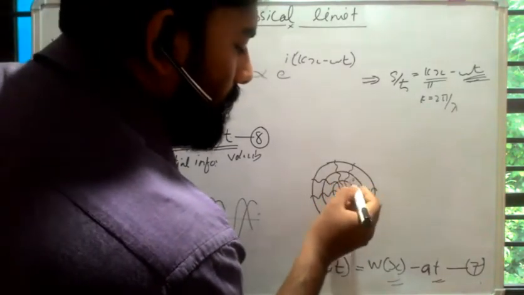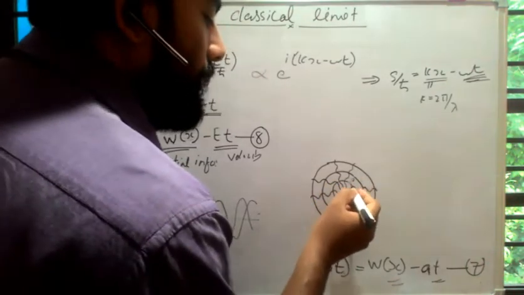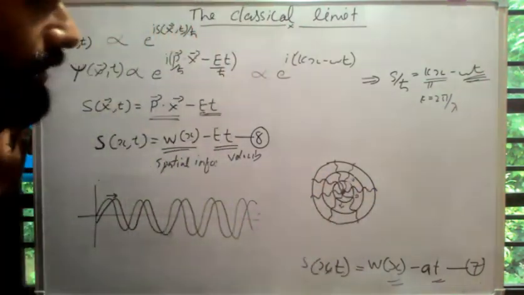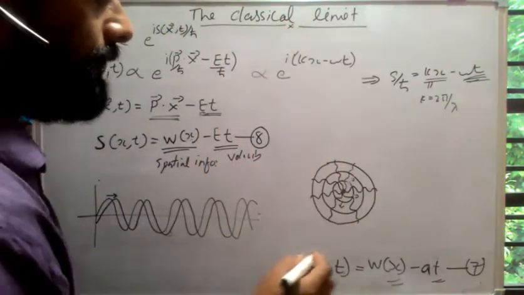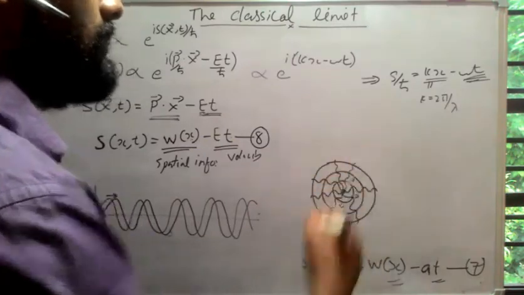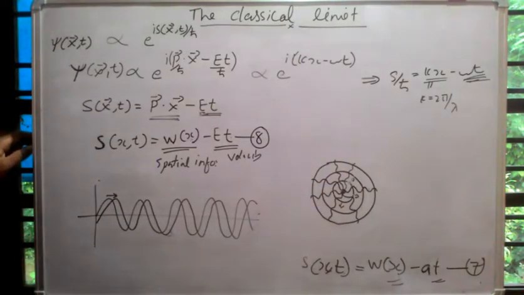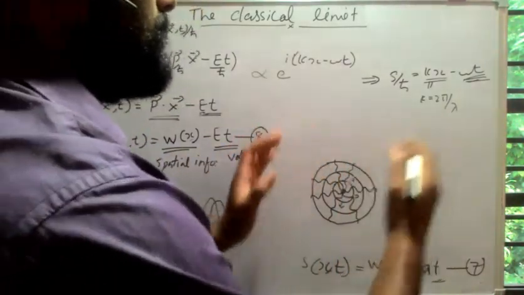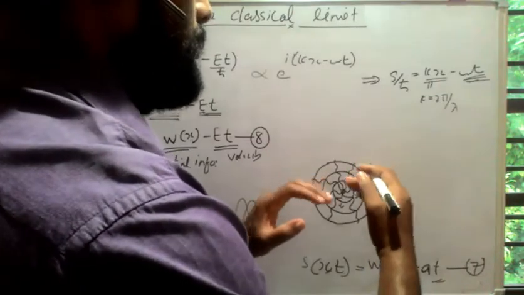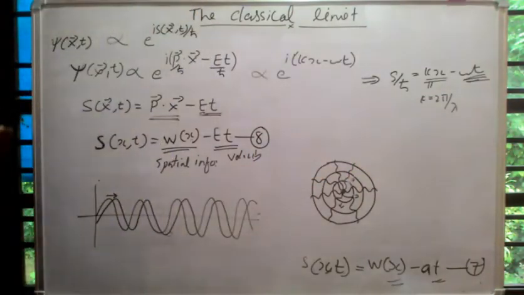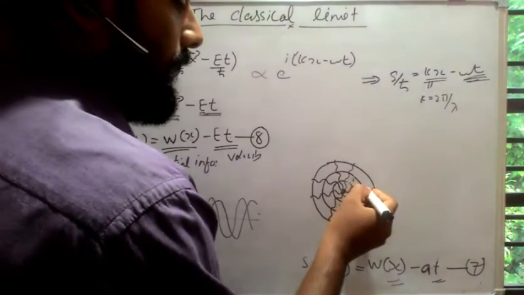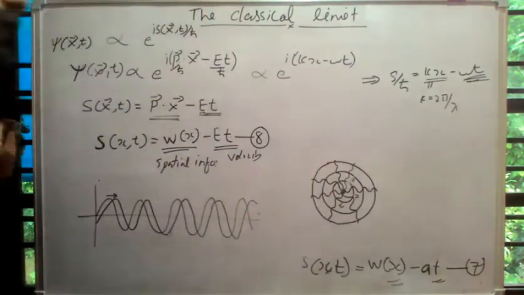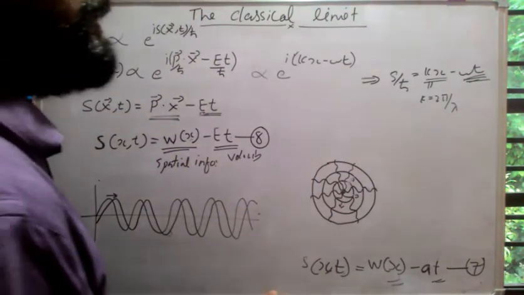If I join the points having the same phase at a particular time t, I get many concentric circles, and these concentric circles advance with respect to time. We can compare that with the wavefronts in geometrical optics explained by Christian Huygens.